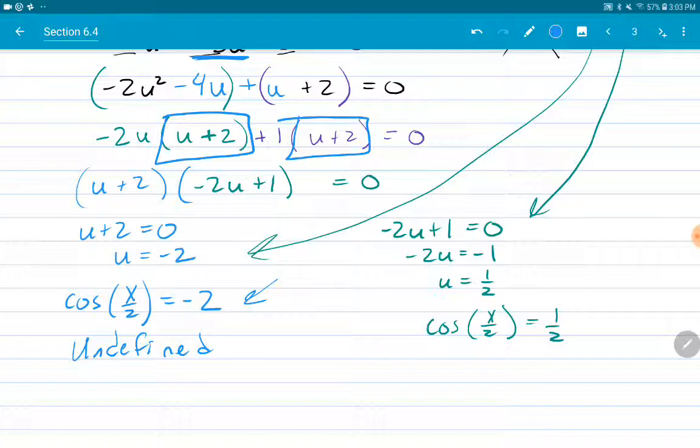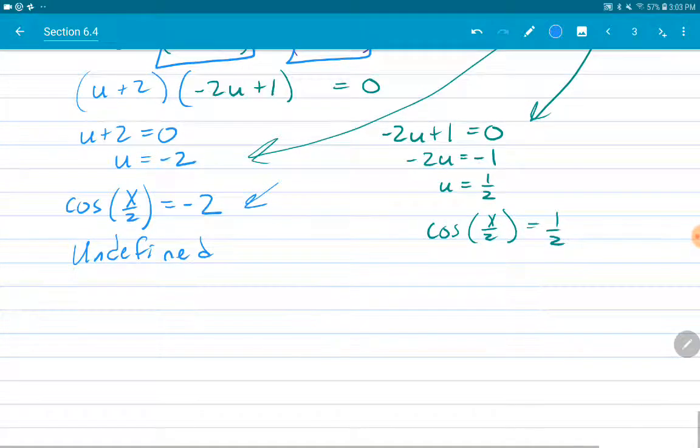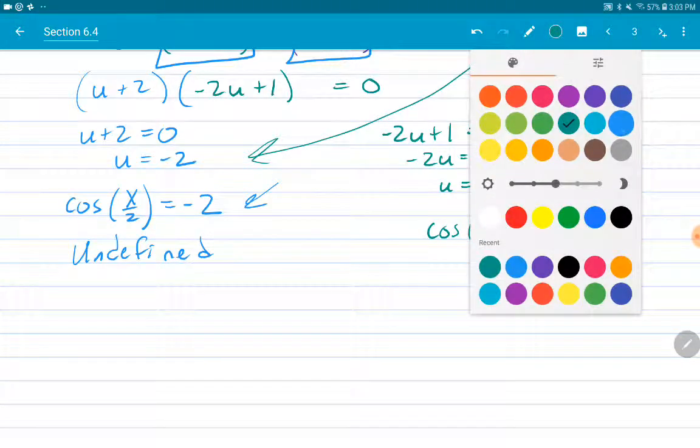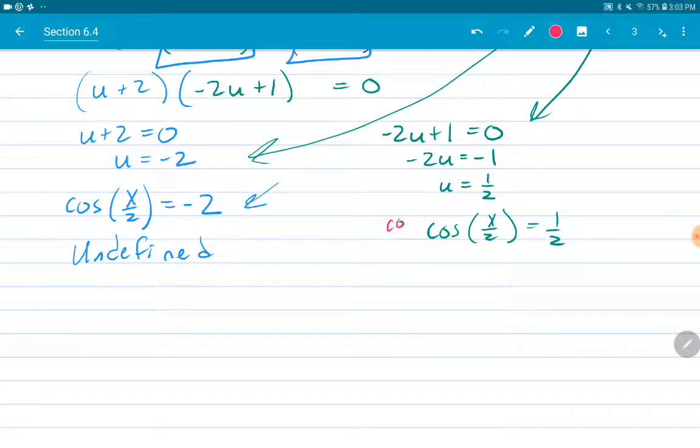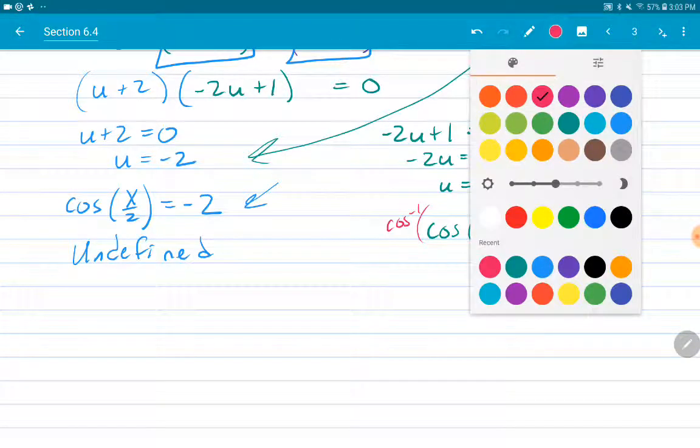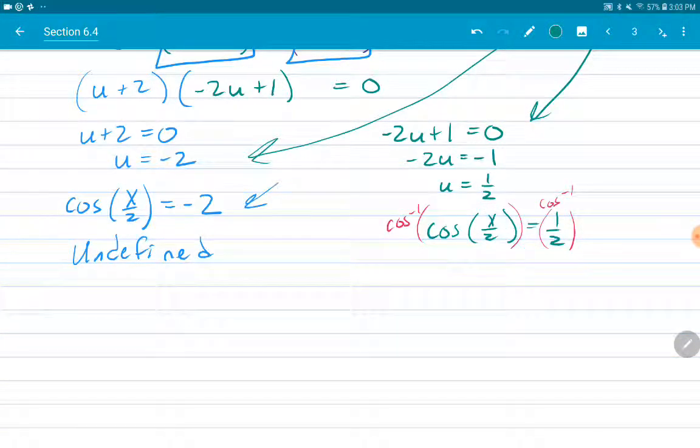Now we can have solutions on the right-hand side in the green equation, because cosine of something can definitely be 1/2, and that's on our unit circle. So I can take cosine inverse of both sides, and on the left, cosine and cosine inverse cancel each other. I'm left with x over 2.